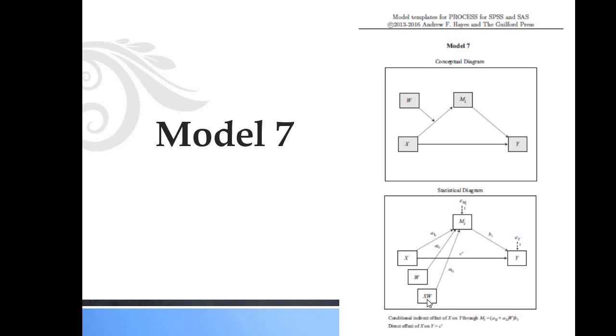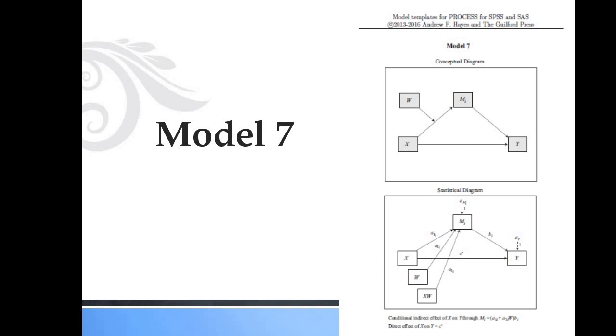So in this particular case, we run a multiple regression analysis where we have three variables, X, W, and XW, and examine their effect on our dependent variable. Here in this particular case, W is the moderator. If XW has a significant effect on the outcome variable, then we can say there is a moderating effect, otherwise not.